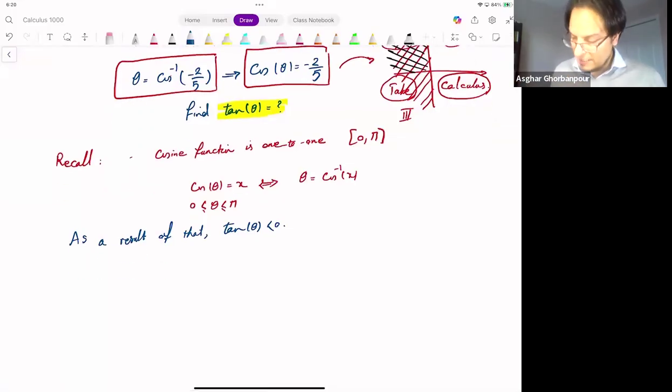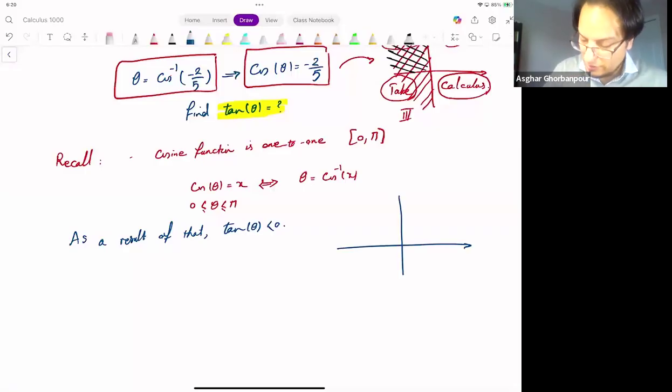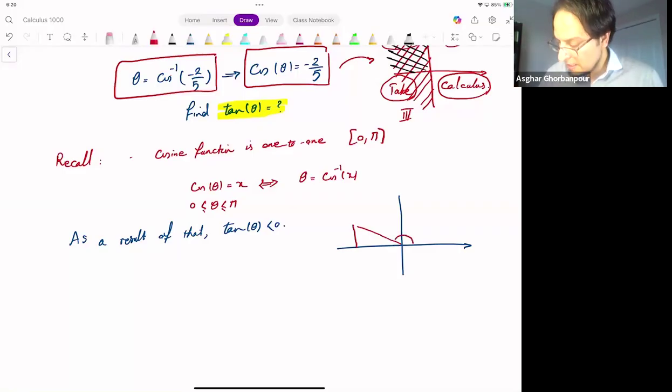Now that tan of theta is going to be a negative number, I can go ahead and try to use the triangle. Well, you can use the correct triangle, or you just set it up as you like. So this is theta there, and then here I have adjacent.